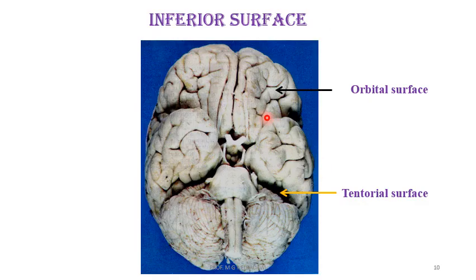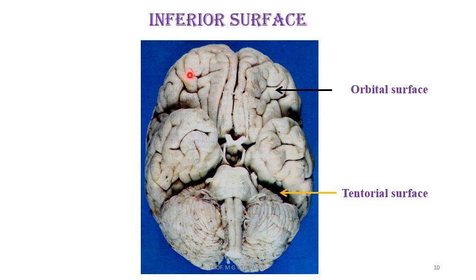That's how it looks like the inferior surface, being divided into two areas: orbital surface and the tentorial surface, where the tentorium cerebelli will be separating the cerebellum from the occipital lobe.